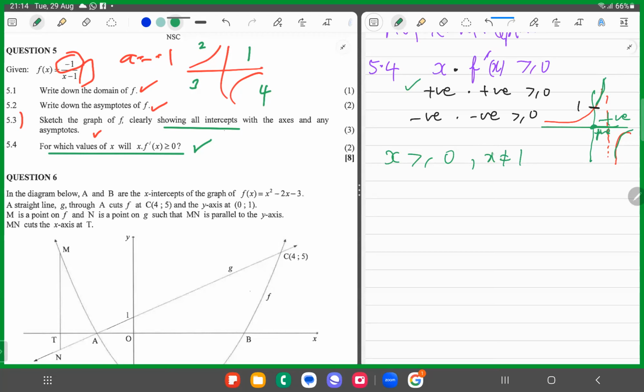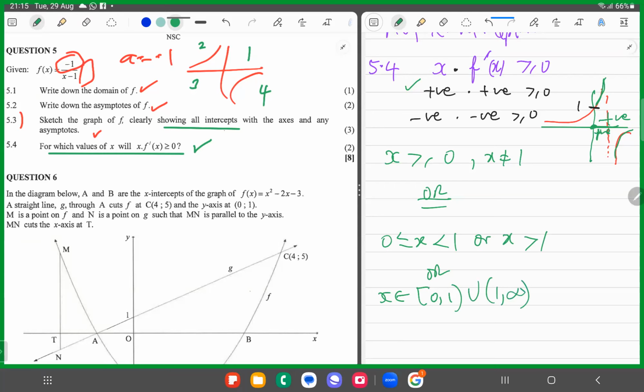There are a couple of ways to write this one. Another student can say the slope is positive when 0 is less than or equal to x, so 0 to 1 union 1 to infinity.